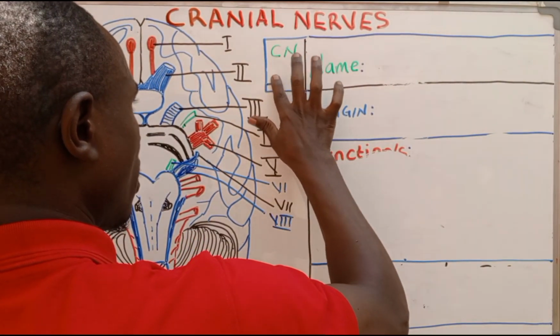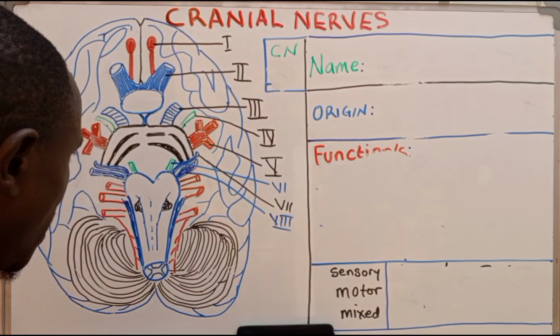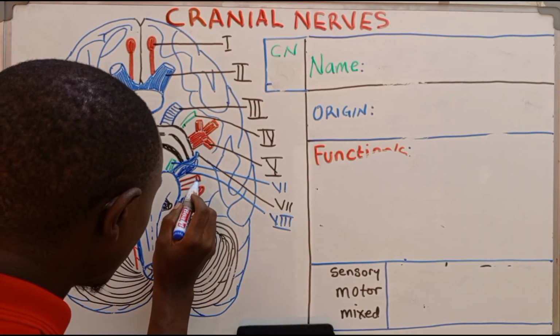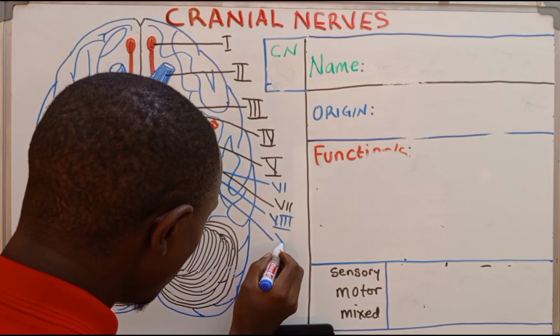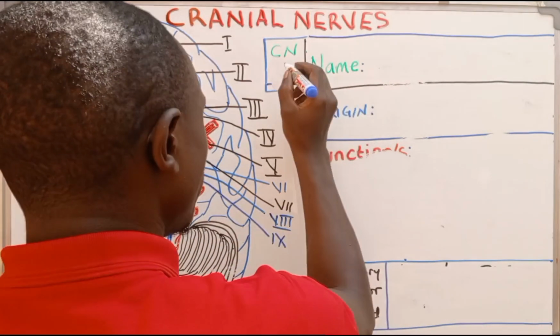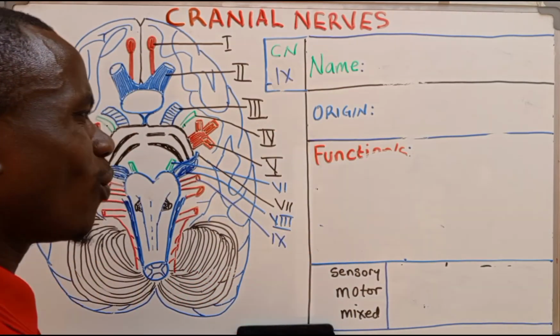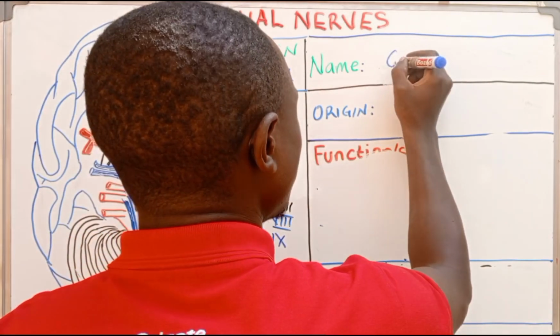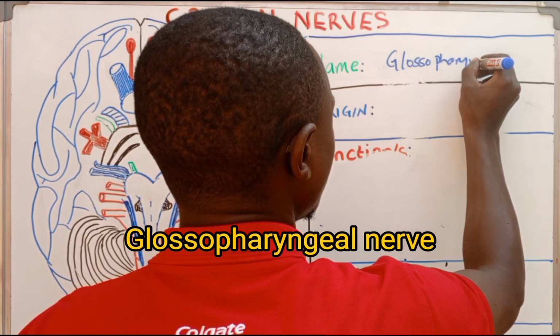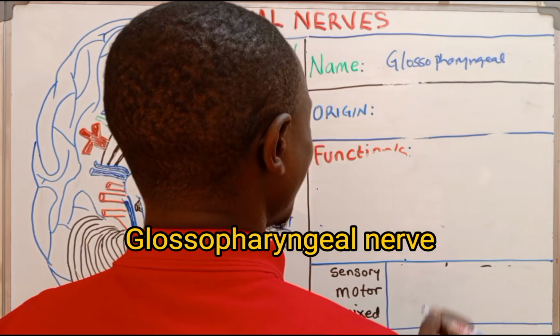And of course, cranial nerve number 9. Now you see this cranial nerve here, which is starting from this point here, moving down. This is going to be our cranial nerve number 9. And what is cranial nerve number 9? Cranial nerve number 9 is what we call the glossopharyngeal nerve.